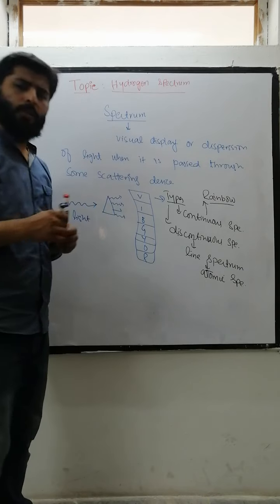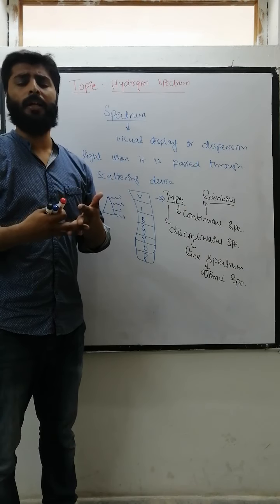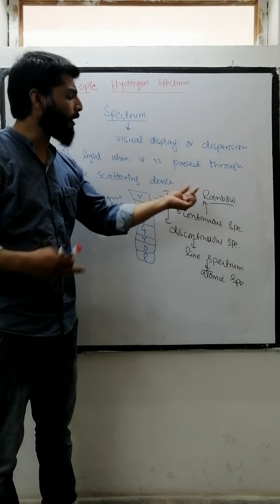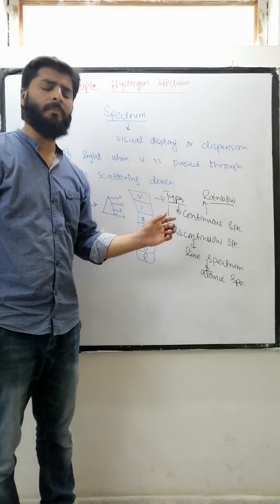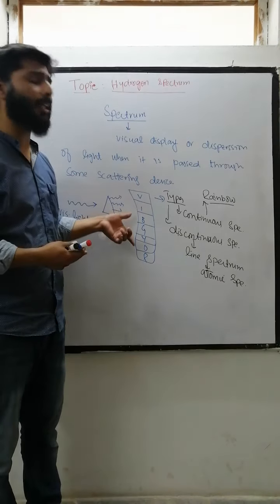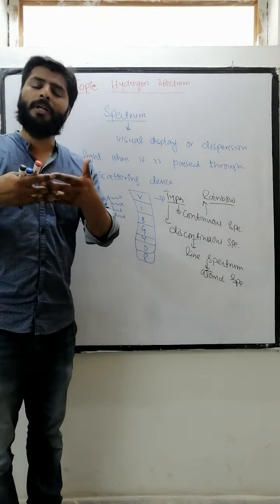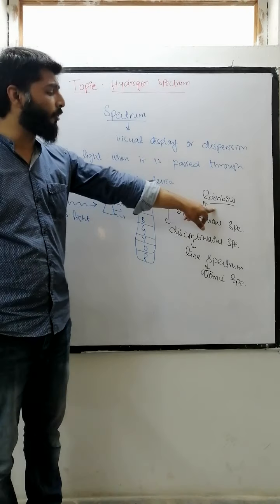In a rainbow, you can easily observe that different colors are merged into one another, and you are not able to isolate or identify a specific color in a specific region. If all the colors are merged into one another and there is no sharp boundary between the colors, then it will be continuous spectrum.